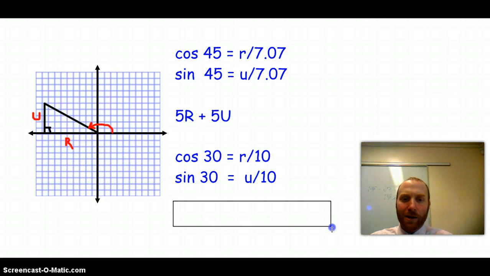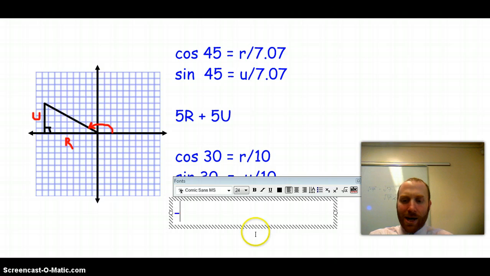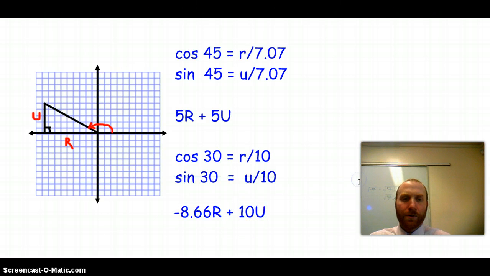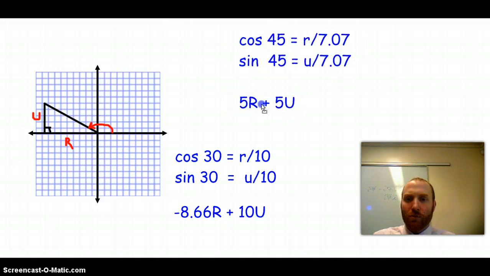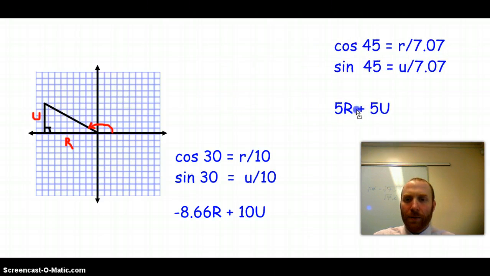And now I end up here with negative 8.66 r plus 10 u. Now, if I add these two vectors, or rather add the two rectangular pieces of the coordinate, I'm going to rewrite this over here.